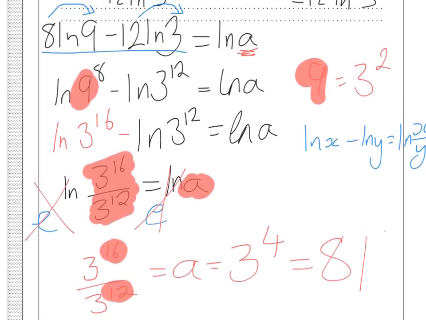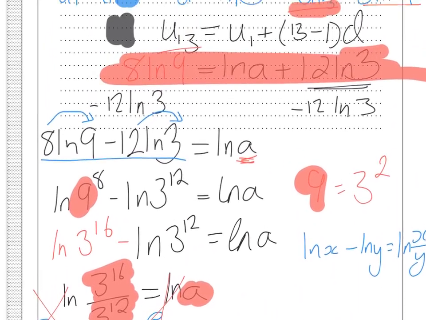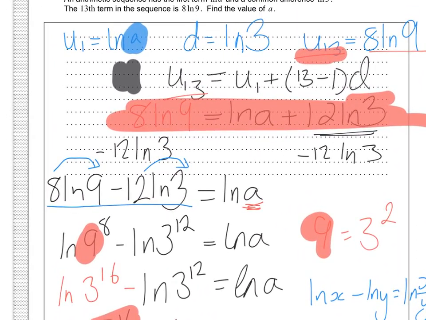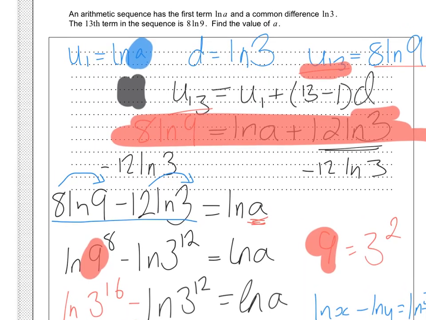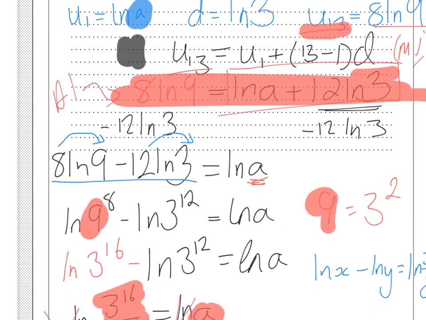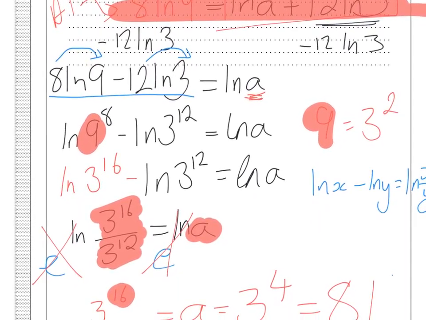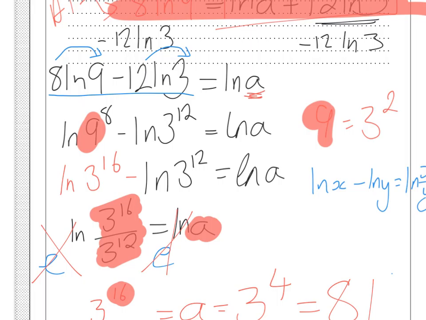So the way marks are allocated here is there's a method mark for doing this substitution and an accuracy mark for setting it equal to 8 ln 9. And then because you can do them in any order, the next 3 marks are all awarded independently. One for doing the powers, using the power rule.